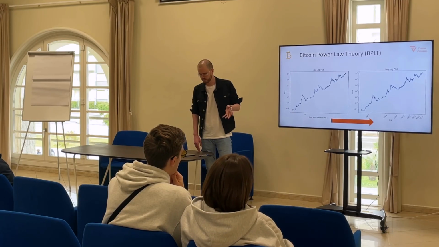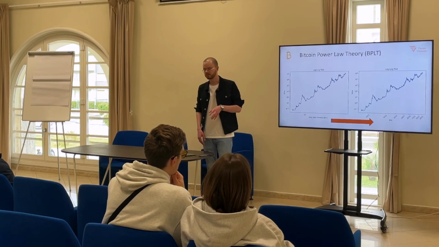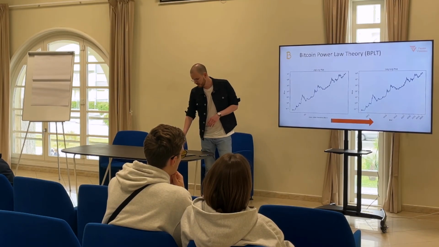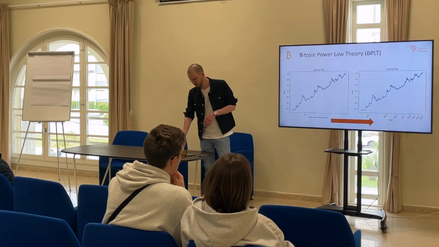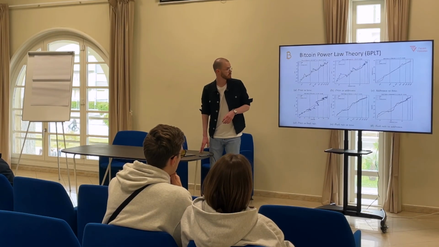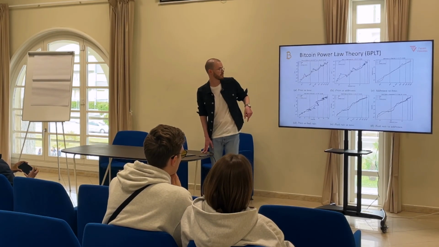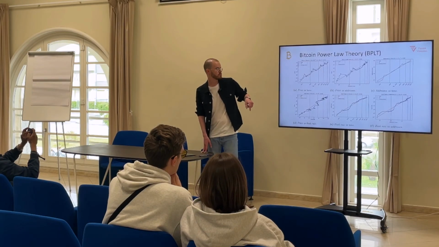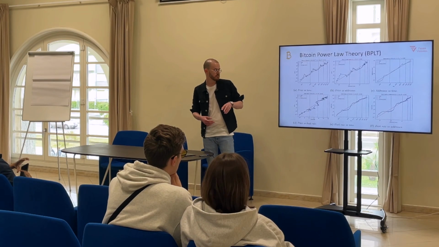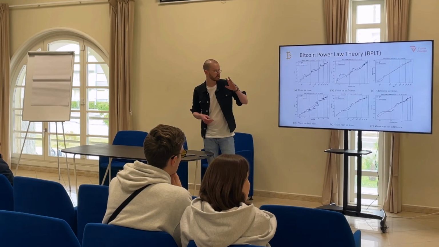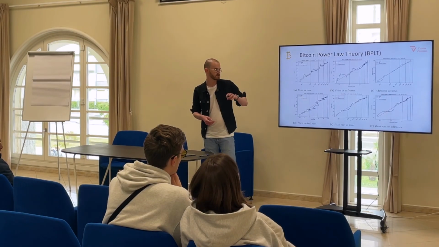And this relationship is not only fixed to price, it comes up a lot within Bitcoin. So here is the price against time, but we also see this with addresses against time. It's a linear relationship. Also, hash rate against time follows this linear relationship.